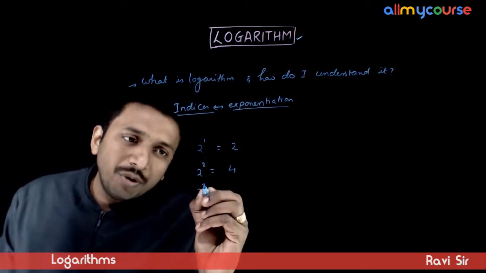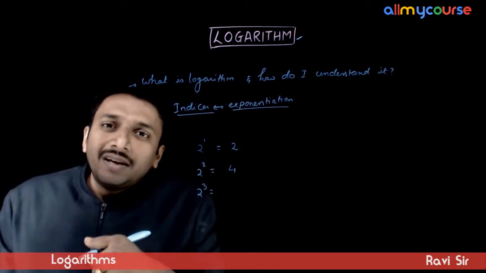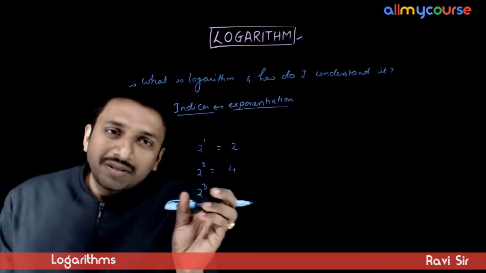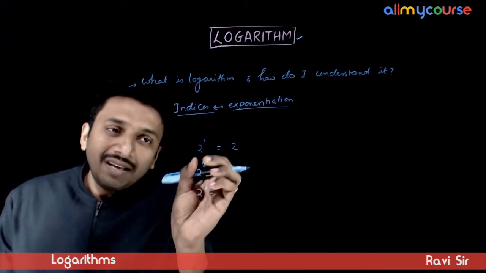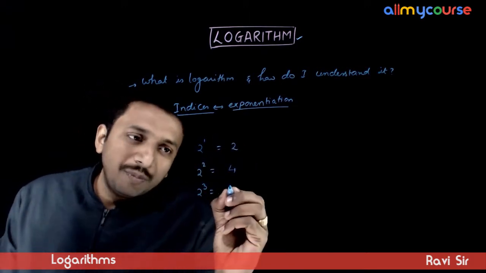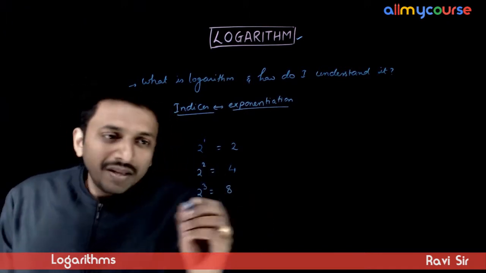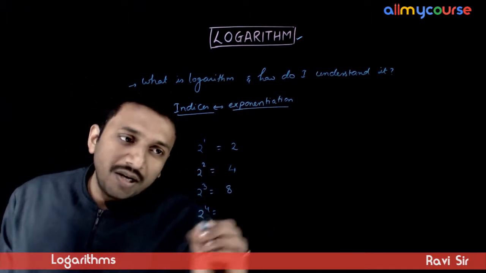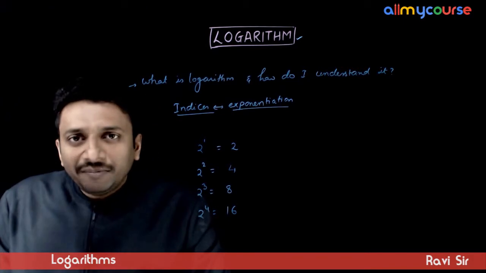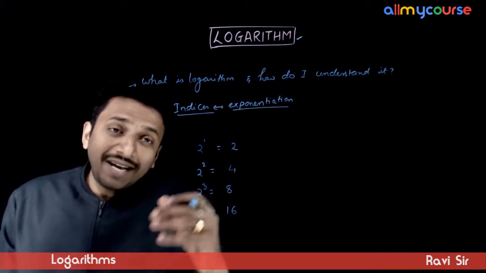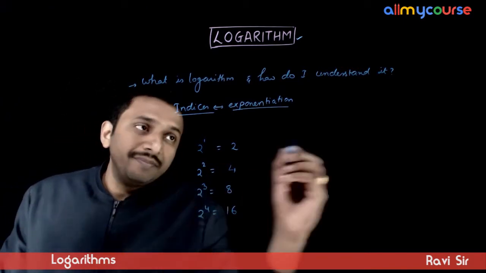Similarly, what is 2 cube? I'll write some equations in indices. So 2 cube is equal to 8, right? 2 power 4 is equal to 16, right? Similarly, I'll write some powers of 5 also.